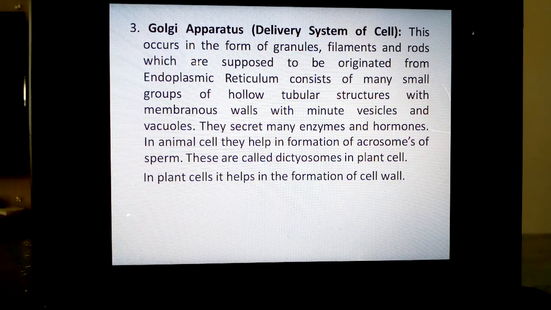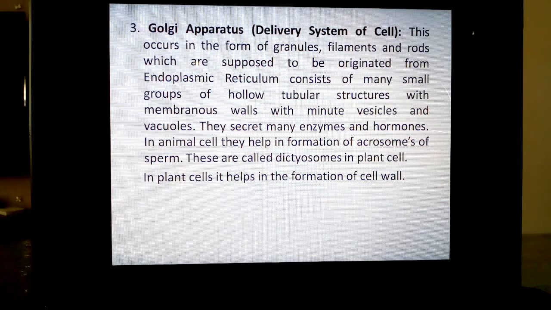Filaments and sometimes rods, which are organized, originated from the endoplasmic reticulum, consist of many small groups of hollow, meaning nothing inside, like bamboo, no? Like a straw, hollow tubular structures with membranous walls with minute vesicles and vacuoles.